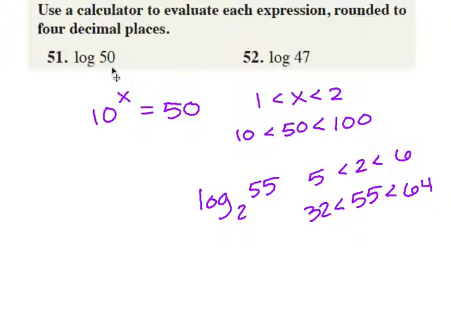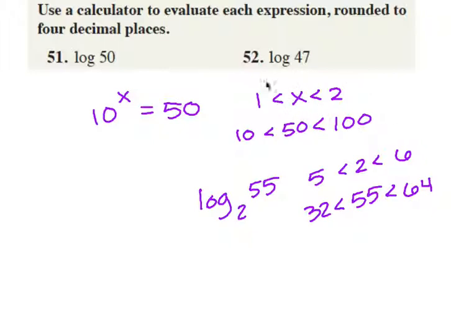One thing I do want you guys to notice is we can do the same approach, so this would be 10 to some exponent equals 50. If you were to estimate what this would be, you should recognize that 50 is greater than 10, but less than 100. I show those two numbers because if x was 1, 10 to the first power is 10. If x was 2, that would be 100.